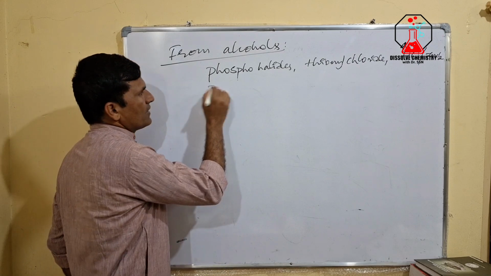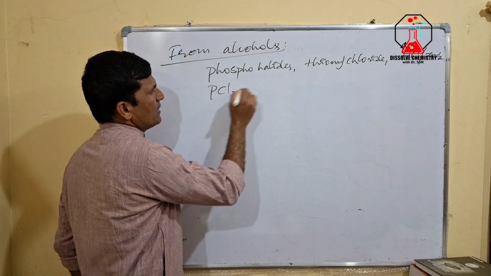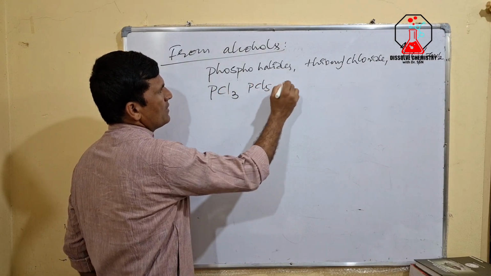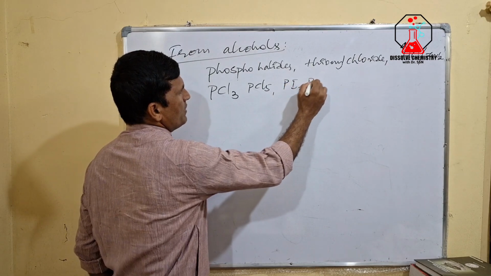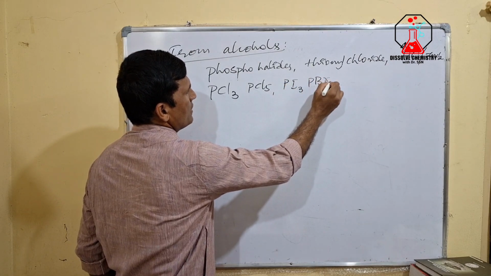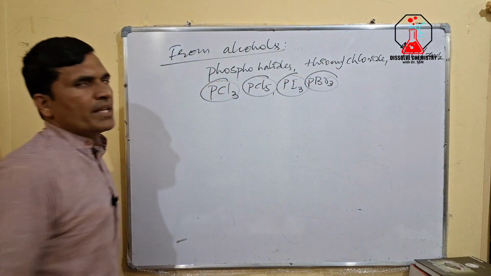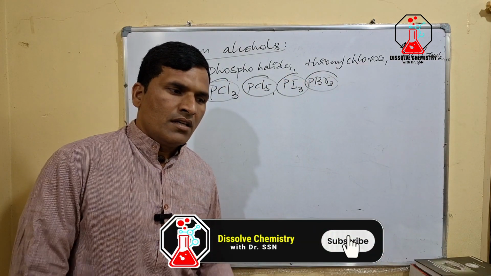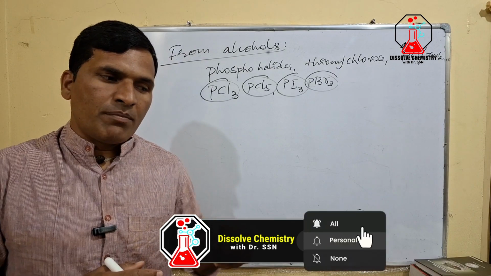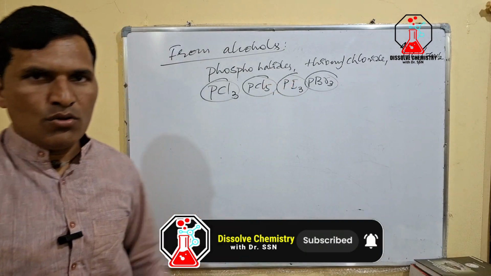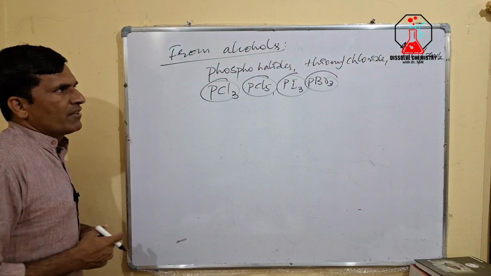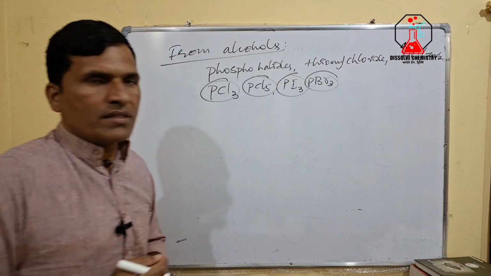Phosphorus halides means, for example, you can take PCl3, PCl5, PI3, PBr3. All these reagents we are going to use to bring about substitution, to replace the hydroxyl group with a halo group. We will see one by one how the reaction progresses.